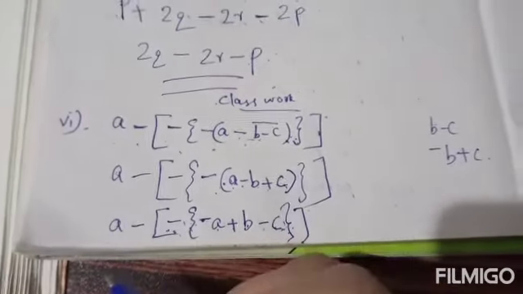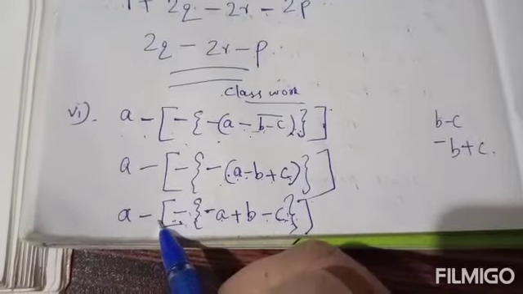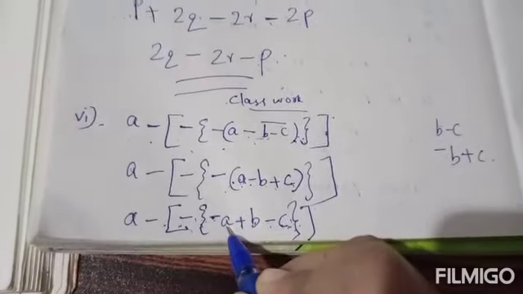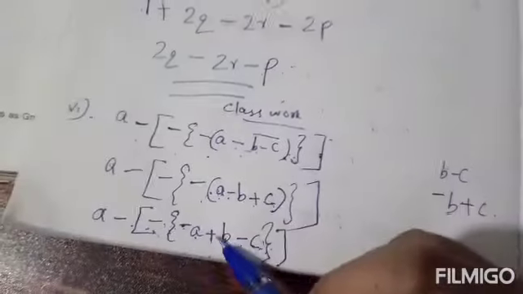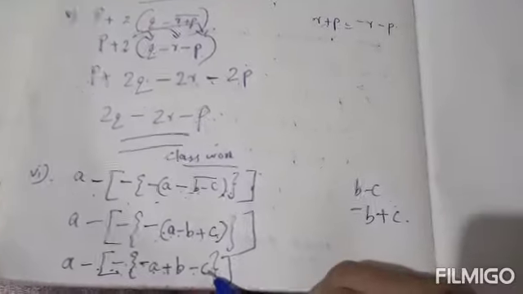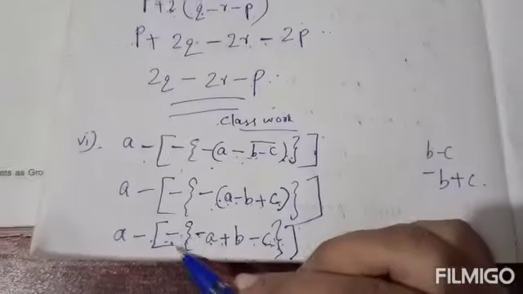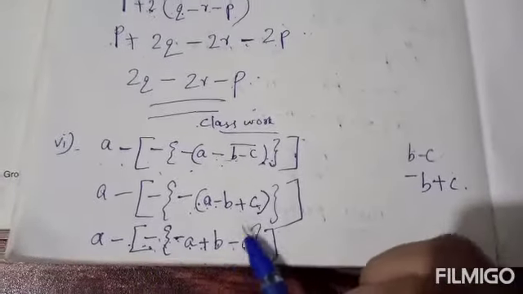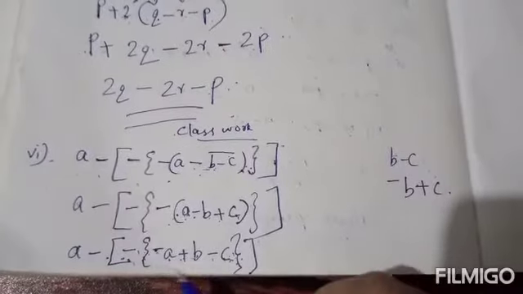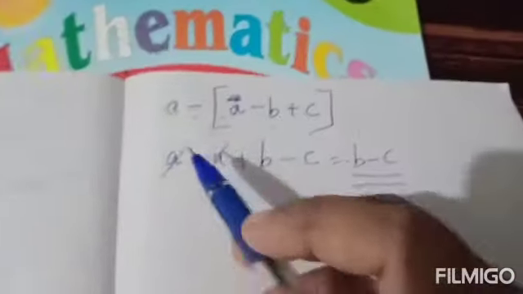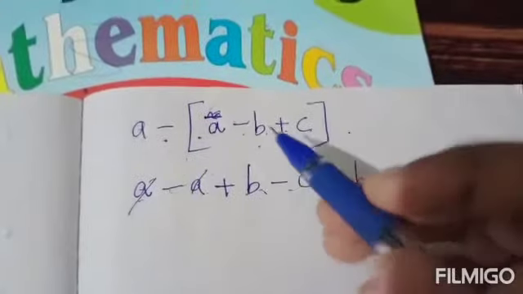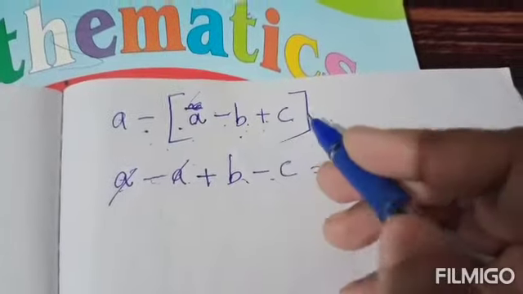So A minus, next minus A will change to plus A. Now plus B will change to minus B. Then minus C will change to plus C. Since there is a minus sign before this curly bracket, you need to change the sign of all the terms inside it. So you will get A minus, in square brackets, A minus B plus C.